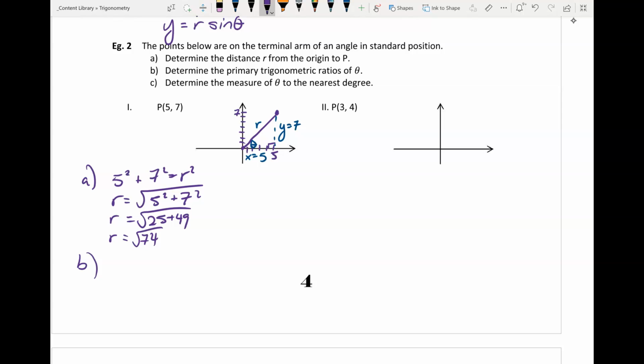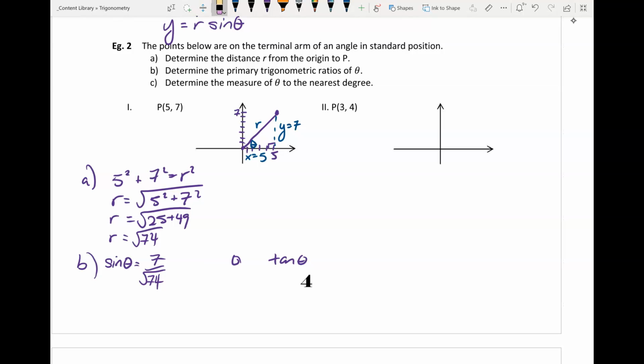The next thing we're going to do is write the 3 trig ratios. So that's sine theta, cos theta, and tan theta. So sine theta is opposite over hypotenuse. In this case, our opposite is the y value of 7 over r. And we found what r is. It's the root of 74.